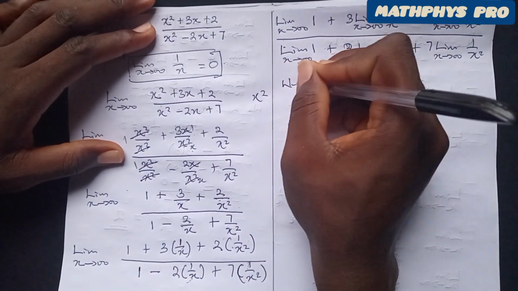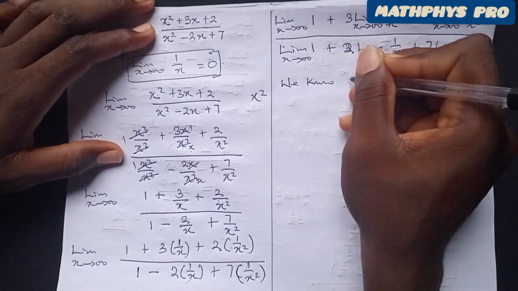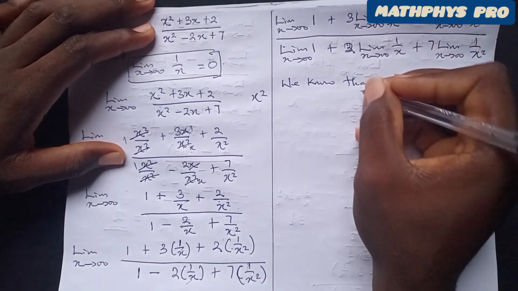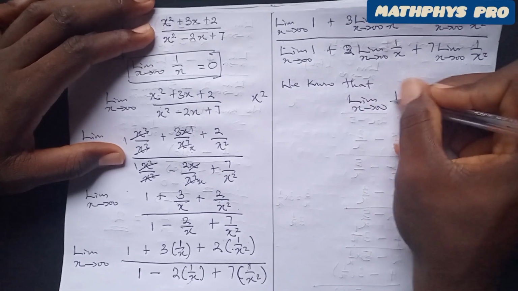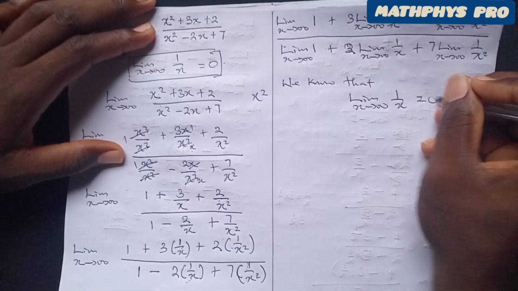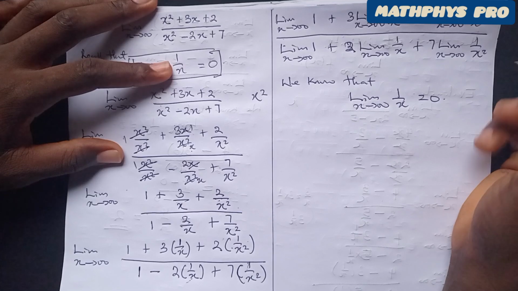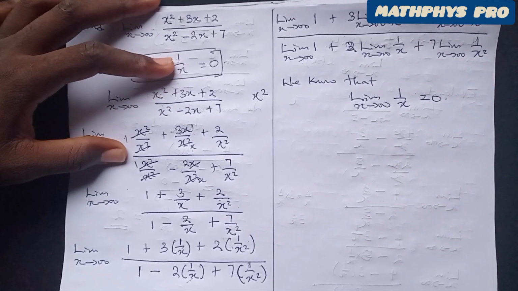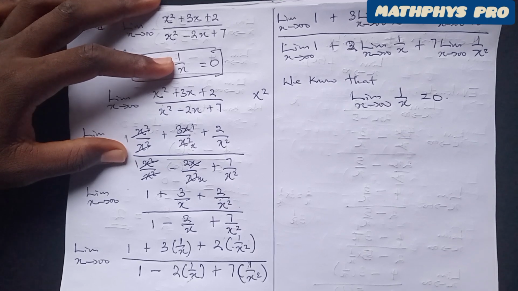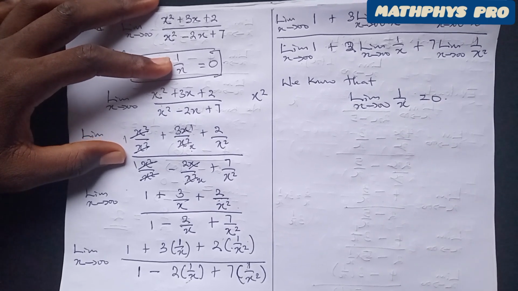Now we know that the limit when x approaches infinity of 1 over x is equal to 0. So wherever we see the limit when x approaches infinity of 1 over x, we replace it with what? 0.